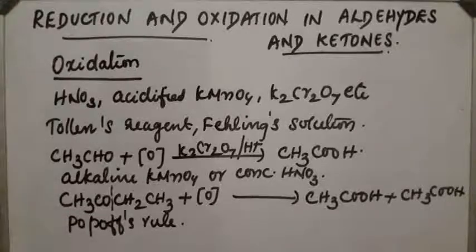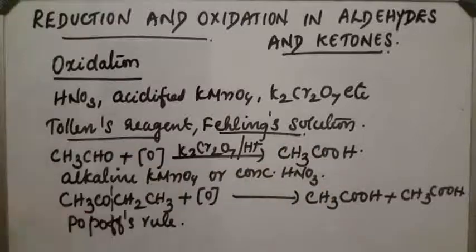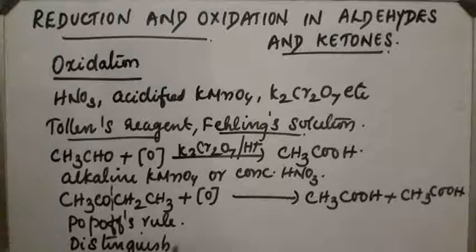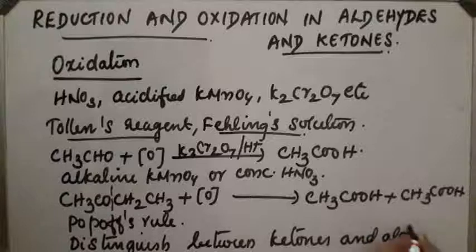This is the reaction that takes place in the case of ketones, and ketones will not be oxidized with Tollen's reagent and Fehling's solution. So the Tollen's reagent and Fehling solution test is an important test to distinguish between ketones and aldehydes.